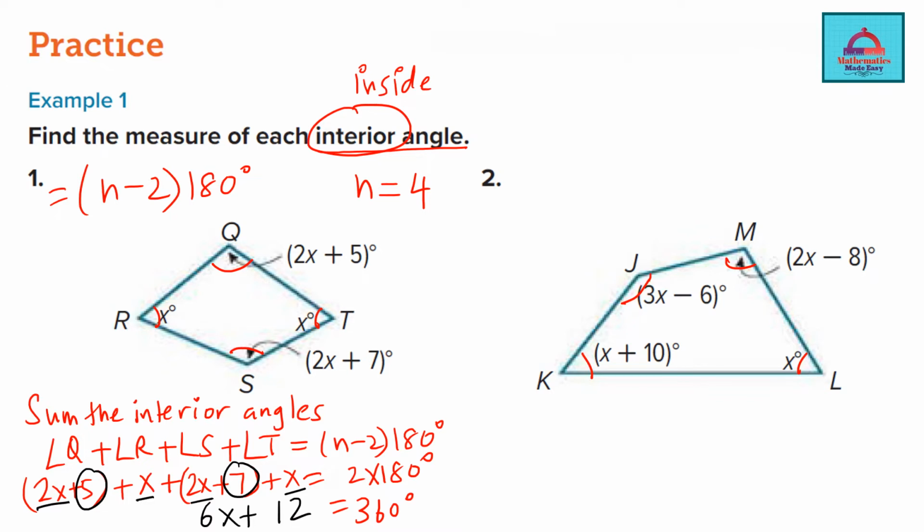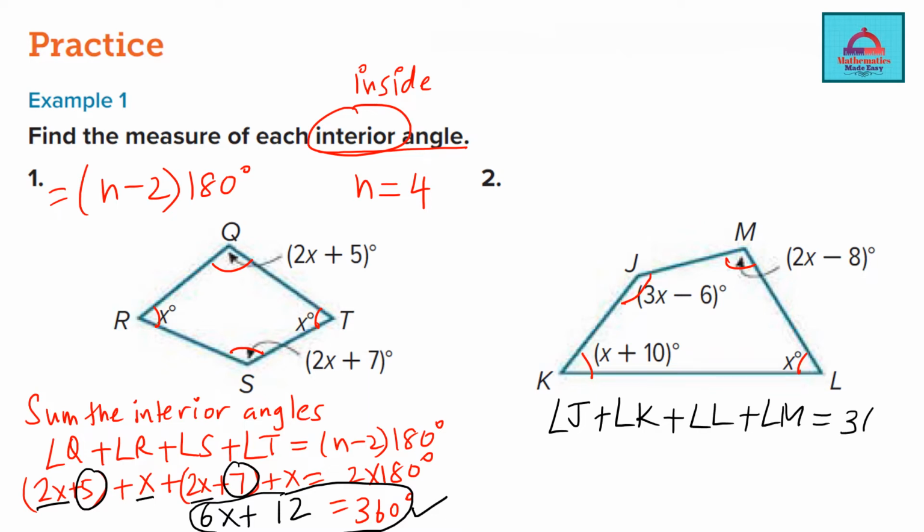Now I'm not going to solve the whole question. You can similarly solve this equation. It's in one variable x, and you will get your value of x, and therefore you can get all the angles. In a similar way, here J plus K plus L plus M is going to be 360 degrees, because here also the number of sides n is 4. So n minus 2 is going to be 2, and that you multiply with 180.